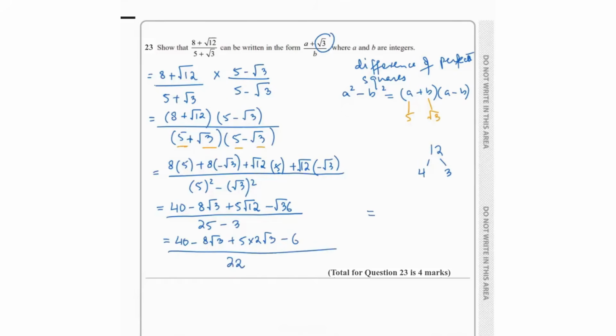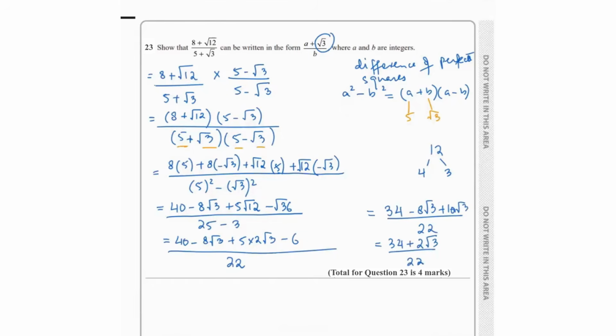And the denominator we have 22. Collect the like terms. 40 minus 6 is 34. And negative 8 root 3 plus 10 root 3 can be further simplified because they're like terms. So it's going to be 34 plus 2 root 3 over 22.